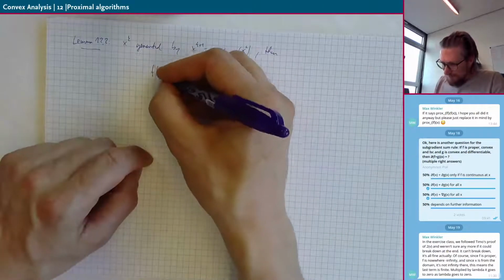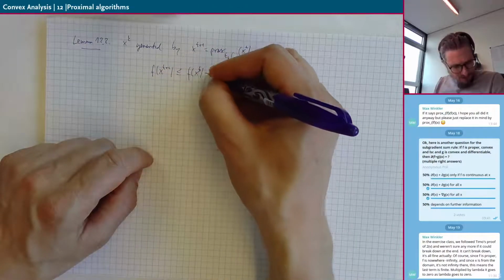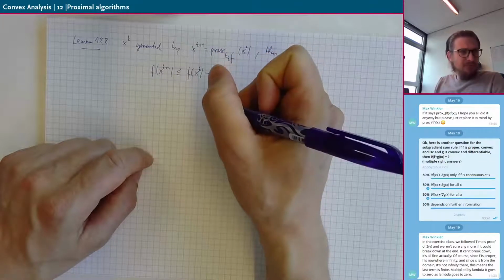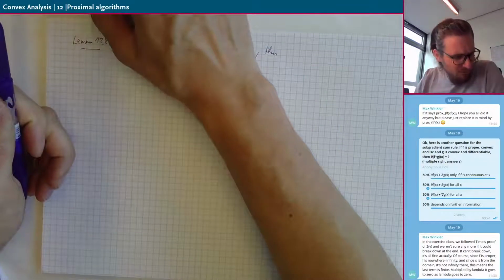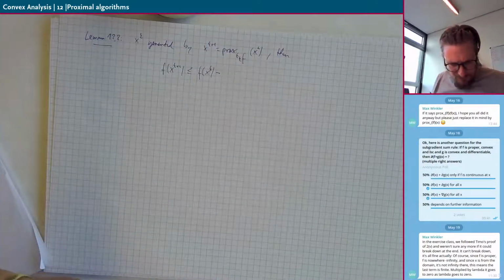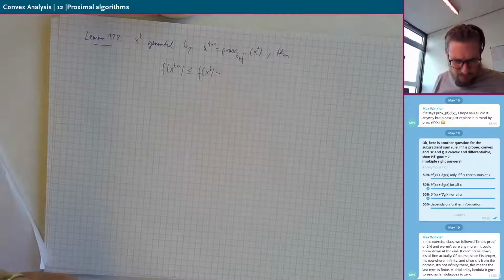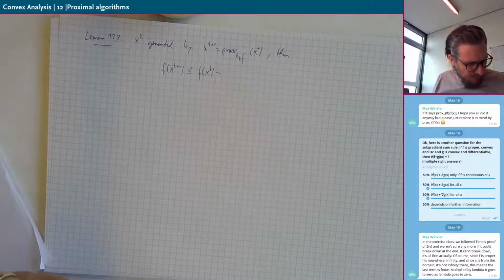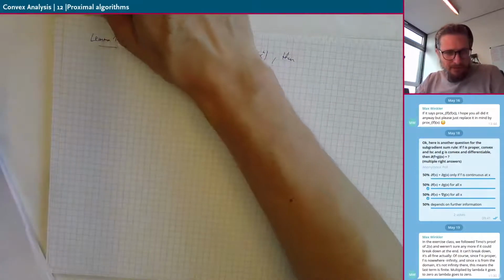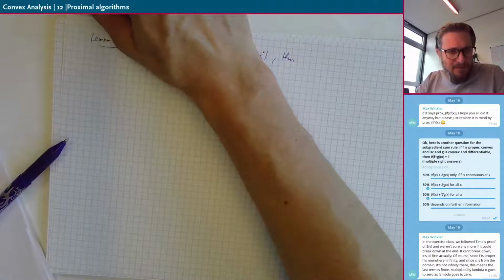Then we have that f at the next iterate is smaller or equal to f at the previous iterate plus, oops, that should be a typo. Sorry. This plus minus, just a second. I will clear it up in a minute.